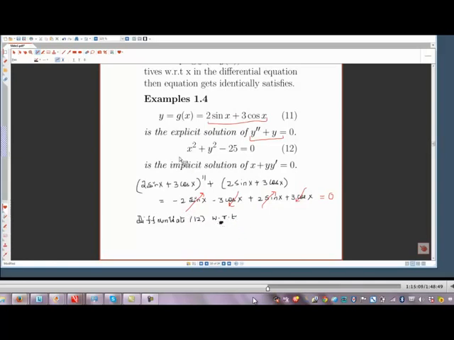So I should get here 2x plus 2y dy over dx, chain rule. What is the derivative of 25 with respect to x? 0. Okay, let's simplify this. This implies x plus y y prime is 0.